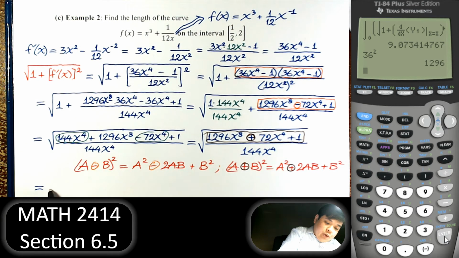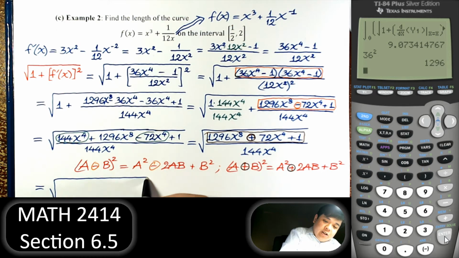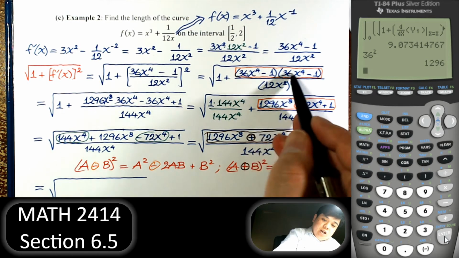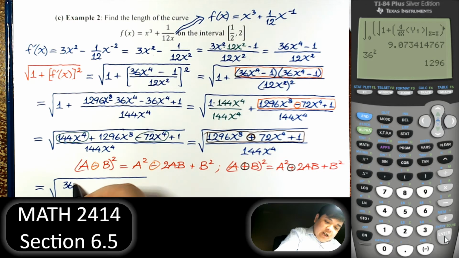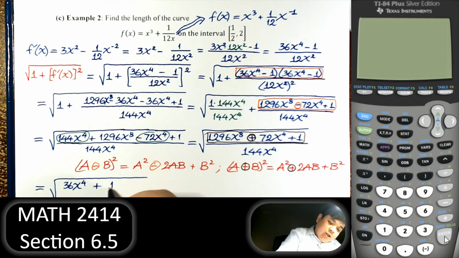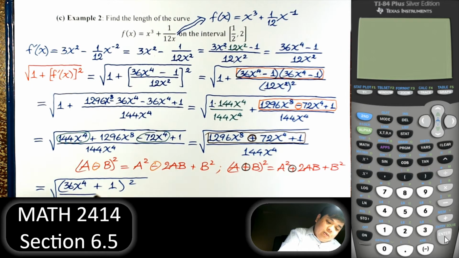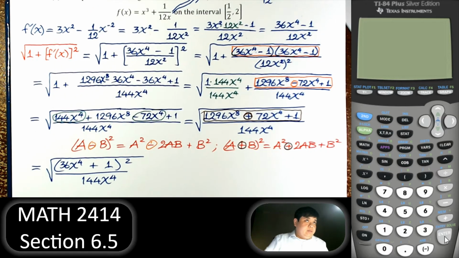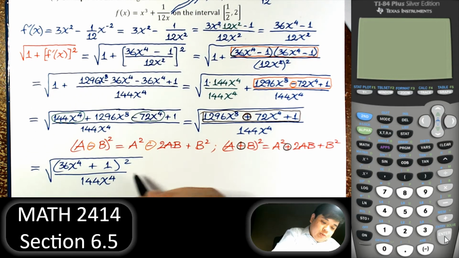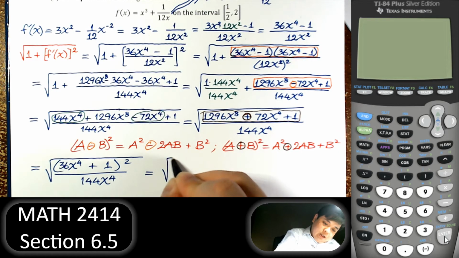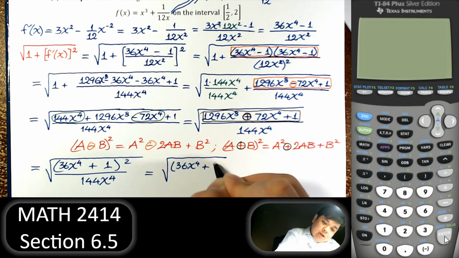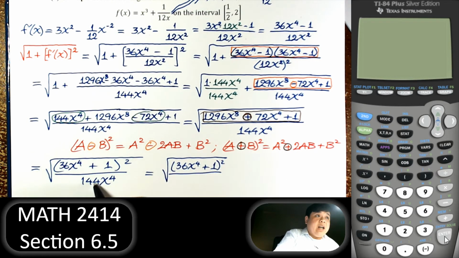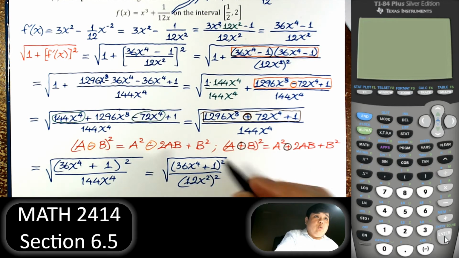that will be equal to the square root of 36x to the 4th plus 1, squared, over 144x to the 4th. Those are the squares, right? And we will write that as the square root of 36x to the 4th plus 1, squared, over 12x squared, squared. The square cancels out the square root.